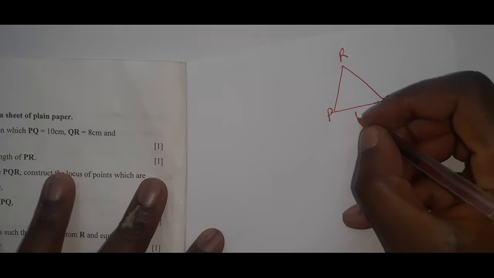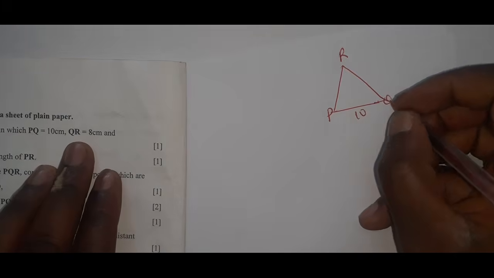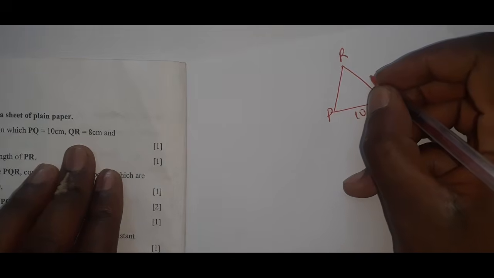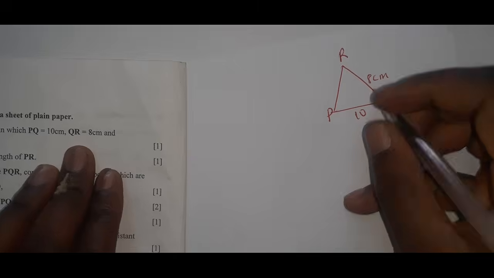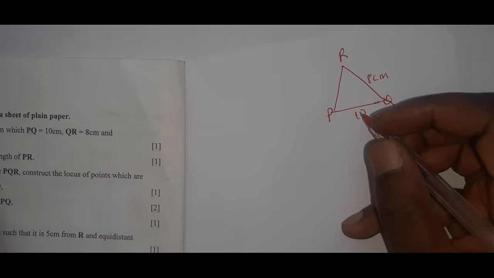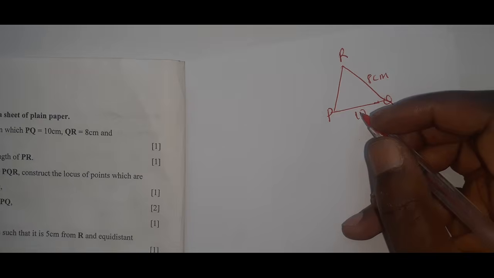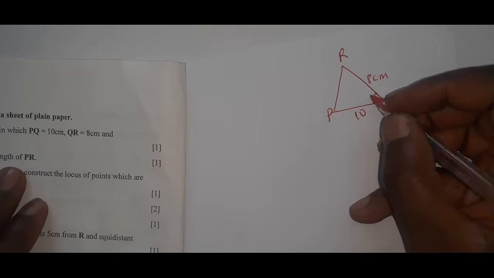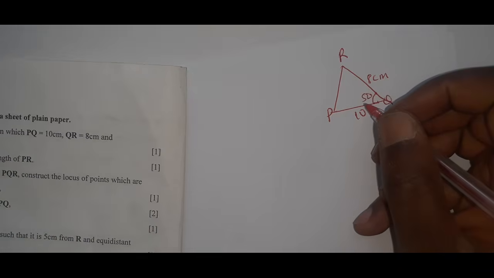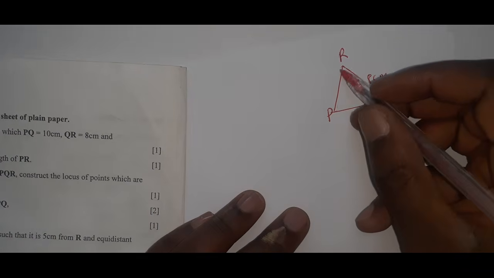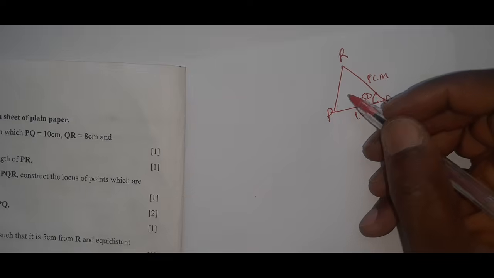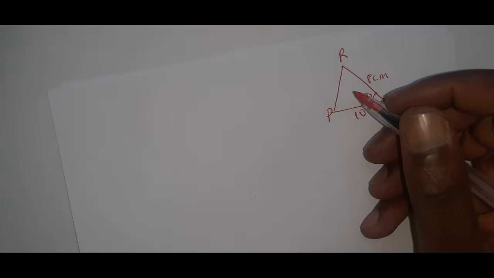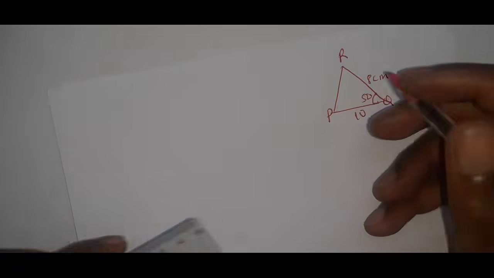PQ is equal to 10, QR is equal to 8 centimeters. Then the angle at Q, PQR, this angle here must be 50 degrees. Then we are asked to measure this one. So that is what we are going to do. All right, can we do that?